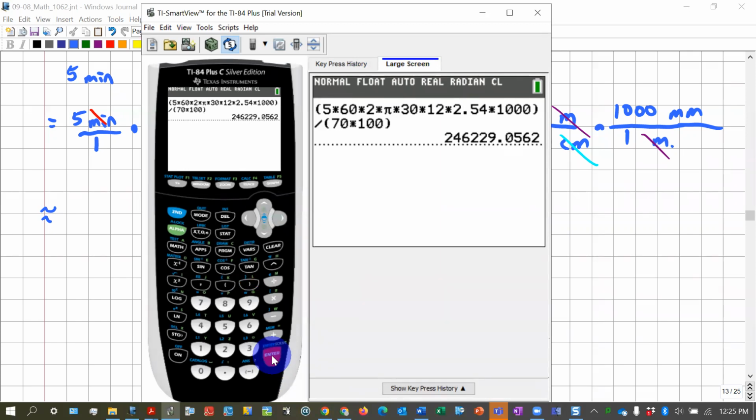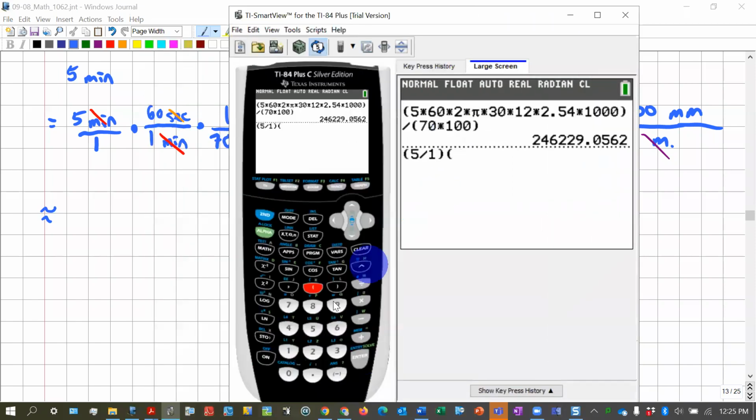Otherwise, we could type, say, 5 divided by 1 in parentheses times 60 divided by 1 in parentheses. And of course, the dividing by 1, I wouldn't have to type, times the 1 divided by the 70. And see, even when I multiply the first two numbers together, that's a relatively big number, it's still smallish for a machine.